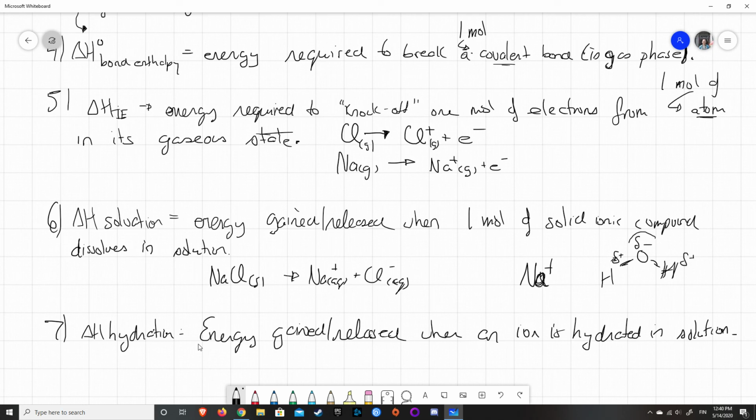So this negative charge will come over closer towards the sodium to hydrate it, to solvate it. Because the delta positive will repel from the sodium and the delta negative will attract to the sodium. So that'll be some of our delta H of hydration.